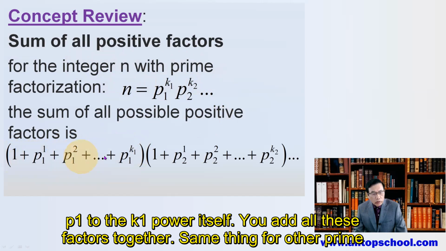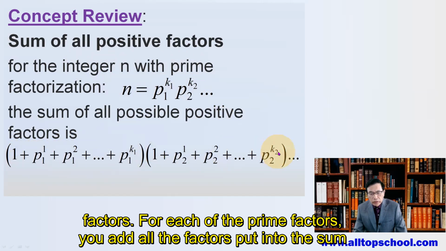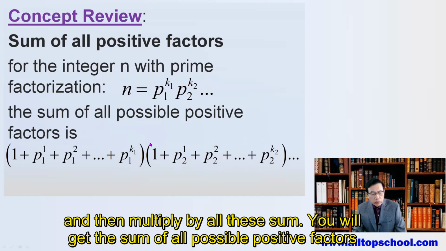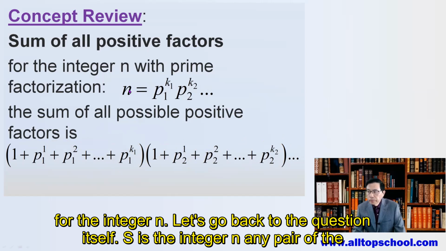You add all these factors together. Same thing for the other prime factors. For each of the prime factors, you add all their factors into the sum, and then multiply all these sums, and you will get the sum of all possible positive factors for the integer n.